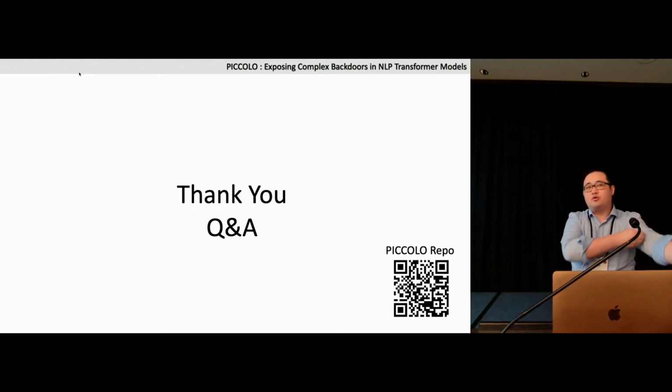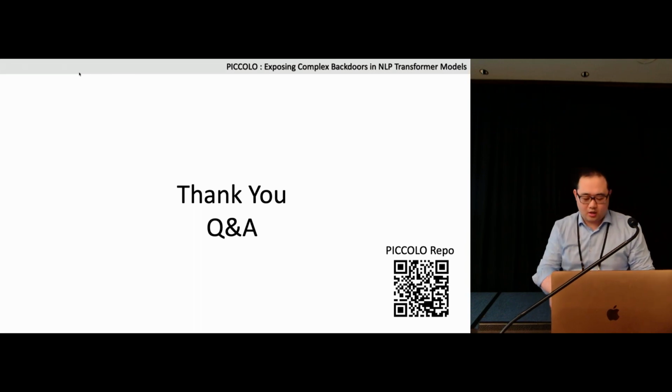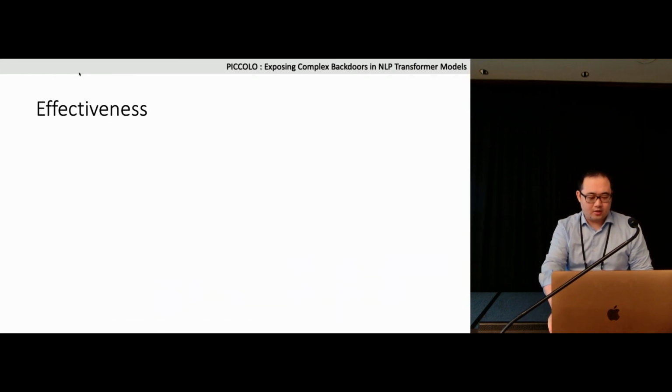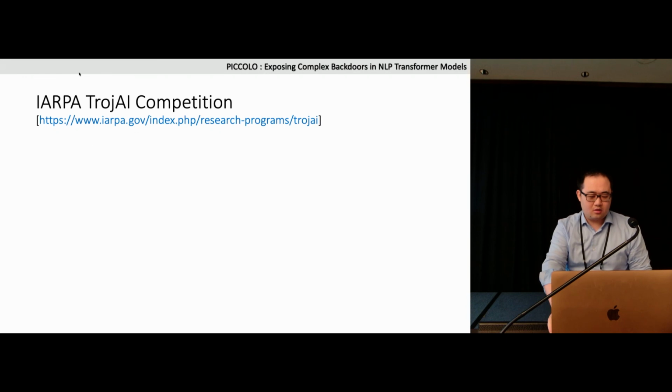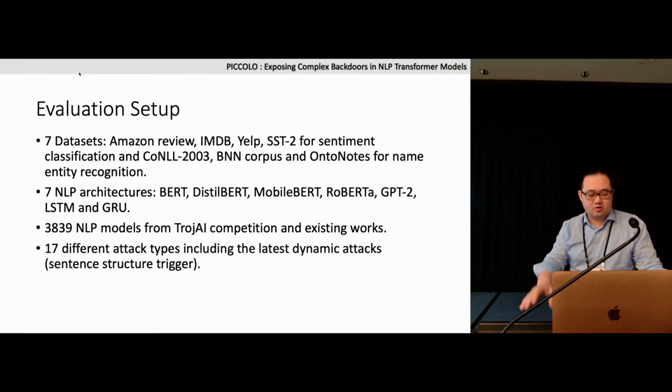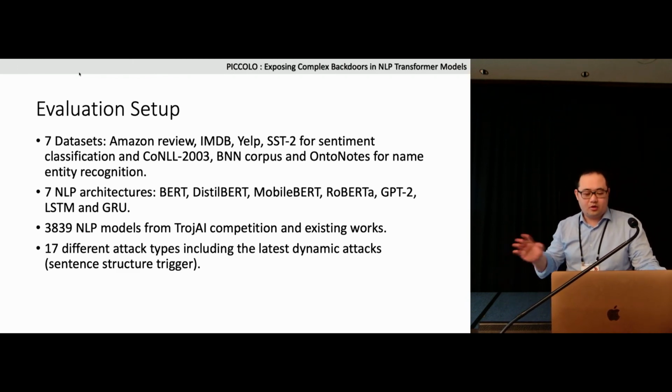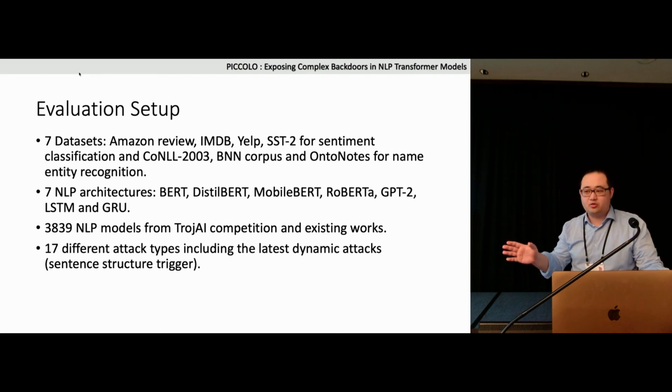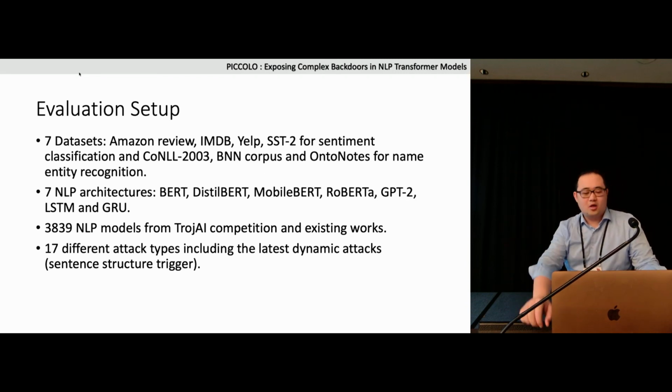Yeah, that's a great question. Let me go back here. On the 7 different NLP architectures, we do a statistical check, and we find that on RoBERTa and GPT-2 we are a little bit worse than on BERT, DistilBERT and MobileBERT.